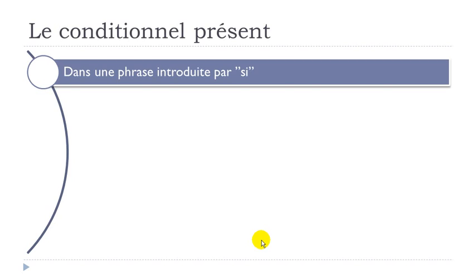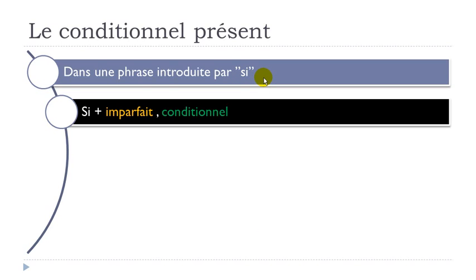Another use of this conditionnel présent is if you want to construct a sentence like in English, for instance, with this if. Okay, so if in French is si. And then the rule is quite strict in French. If you start with this if, si, then it should be followed by the imparfait form.